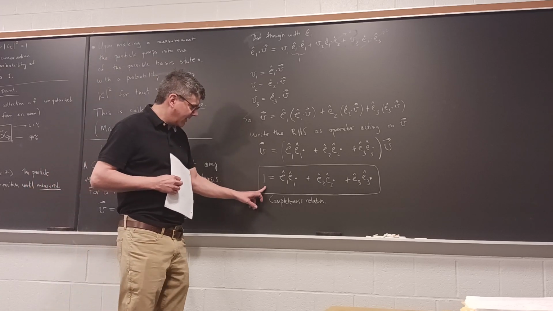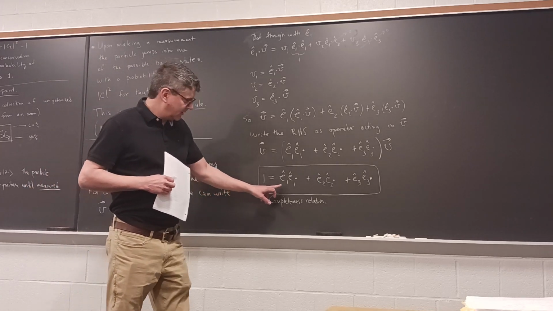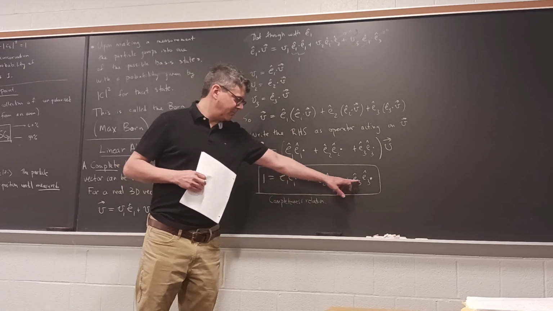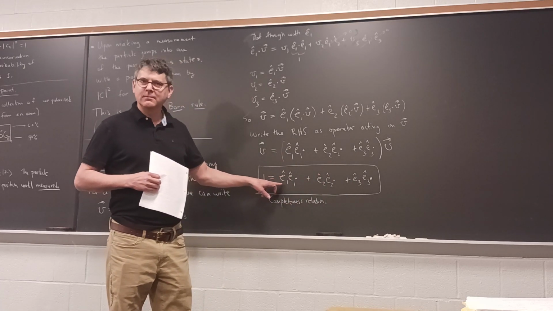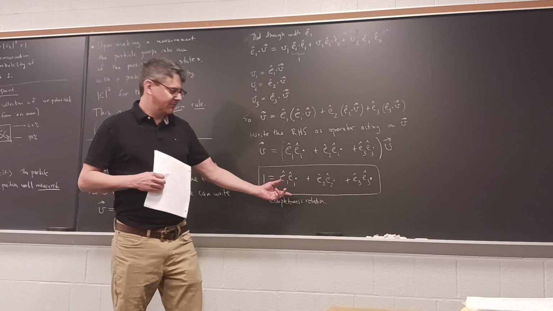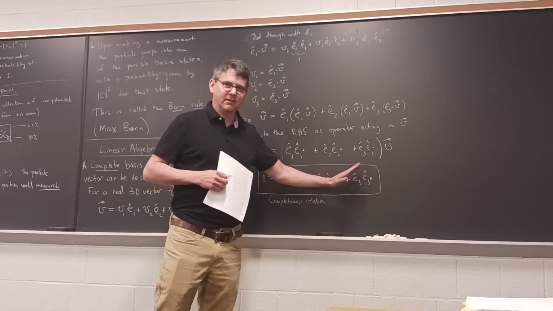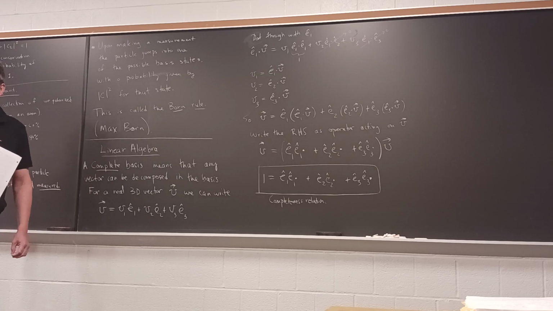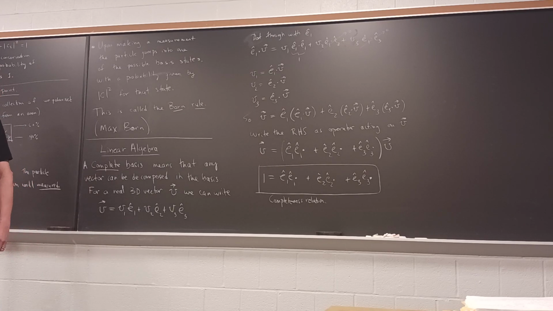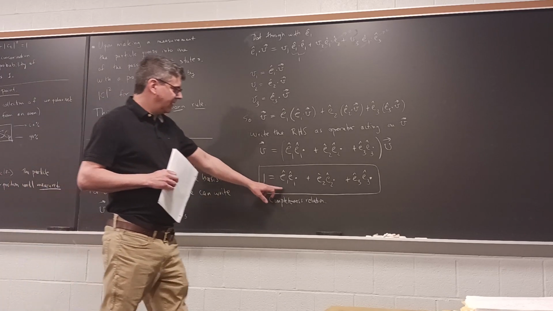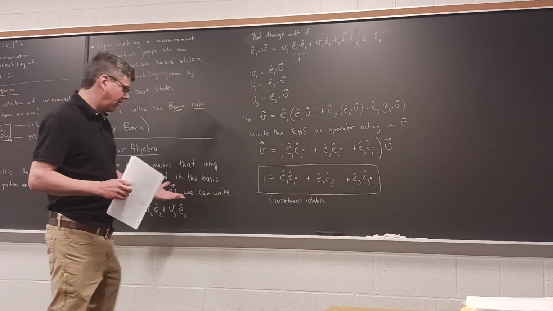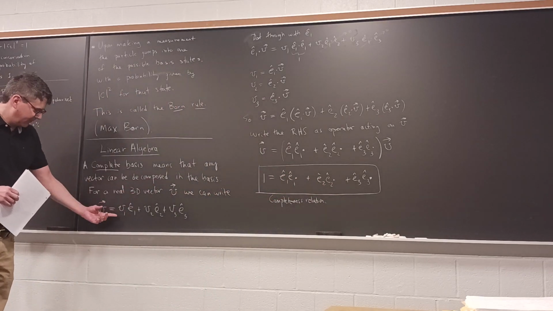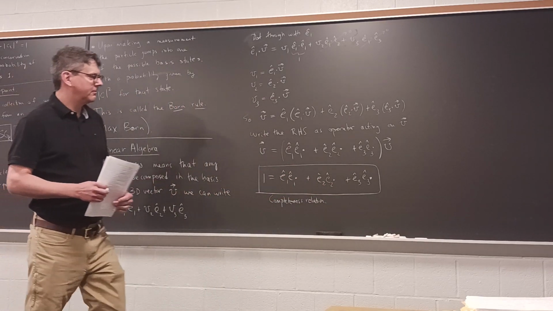What this says is that I'm able to write 1 in terms of a set of basis vectors that are arranged in a way such that it's an operator. Okay, so E1, E2, and E3 are the basis for the 3D vectors that we know.